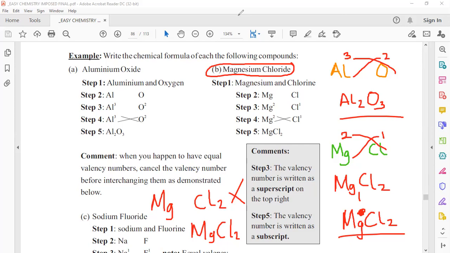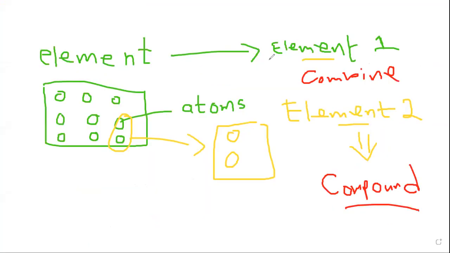There are a lot of questions that we can answer on these chemical formulas. They can give us all sorts of chemical formulas to write. What is important is understanding the periodic table.